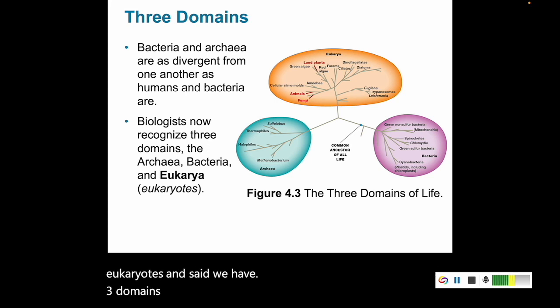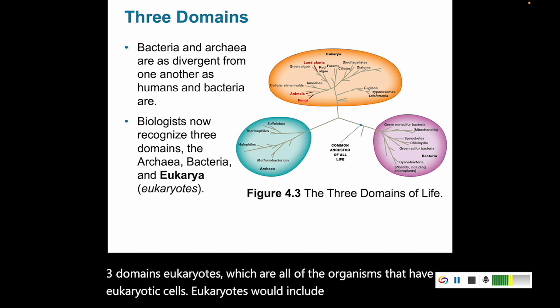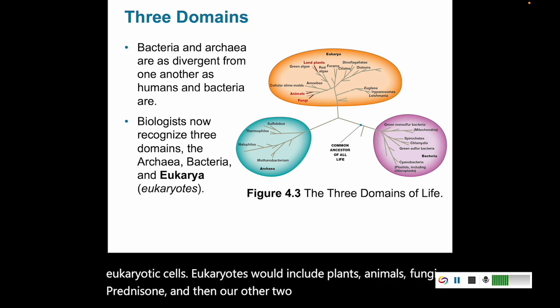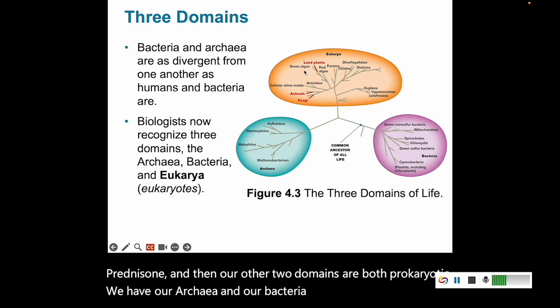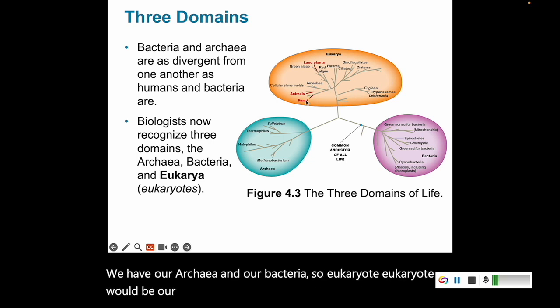Eukaryotes, which are all of the organisms that have eukaryotic cells, would include plants, animals, fungi, protozoans. And then our other two domains are both prokaryotic. We have our archaea and our bacteria. So eukarya would be our first domain here with fungi, animals, plants, algae.